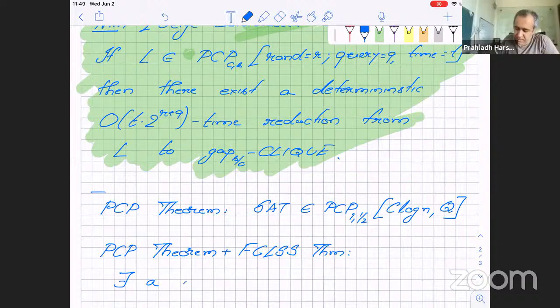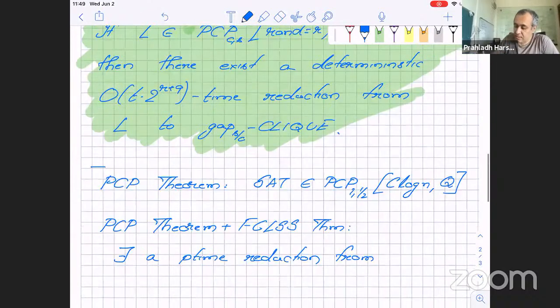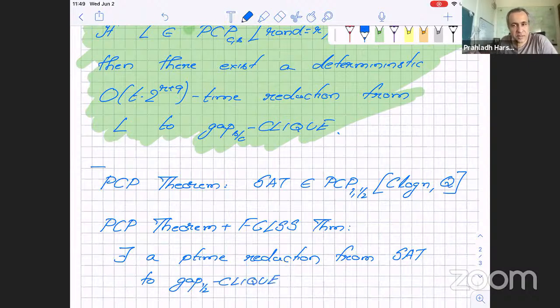So there exists a polynomial time reduction from SAT to gap half clique. Just putting these two together, you get this. Is that clear?